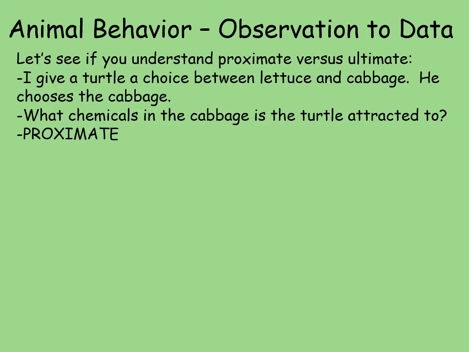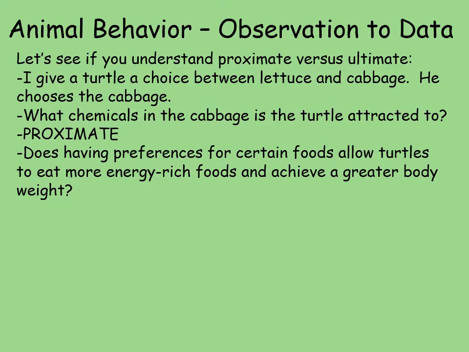So the mechanism of the behavior. So that would be a proximate question. You could say, does having preference for certain foods allow turtles to eat more energy-rich foods and achieve a greater body weight? So here you can see we're asking about the reason for the preference, so the adaptive consequences of having a preference for cabbage. So that would be an ultimate question.